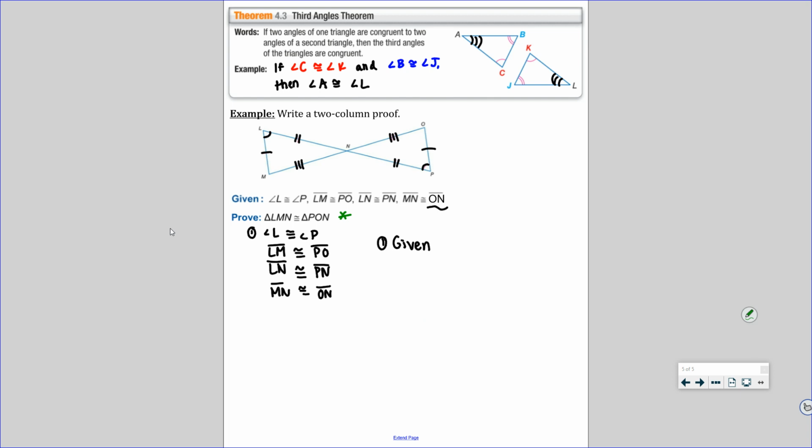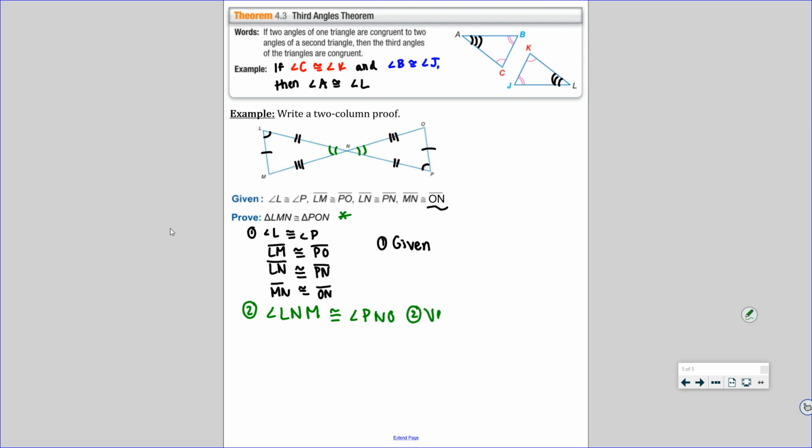Good idea. Libby? The two angles by N are vertical angles. Ooh. Do we agree you have some vertical angles here? Okay, let's be specific. Starting at the single angle mark, angle LNM, and then the vertical one is congruent, so I'd call that angle PNO.